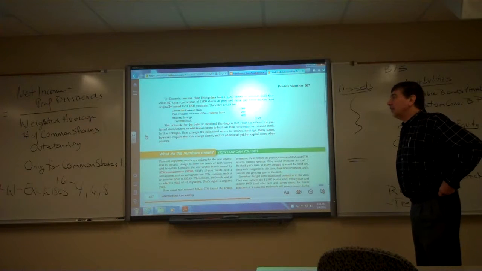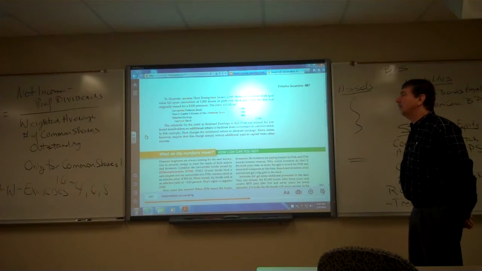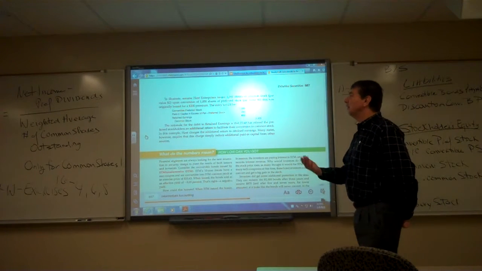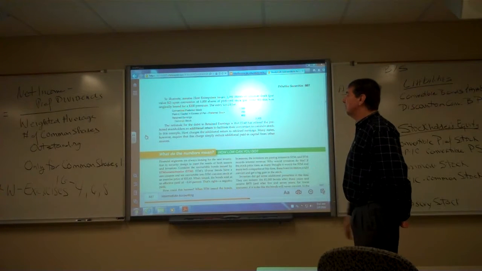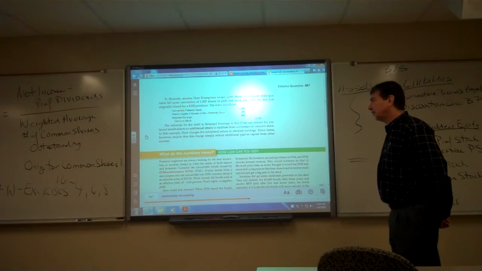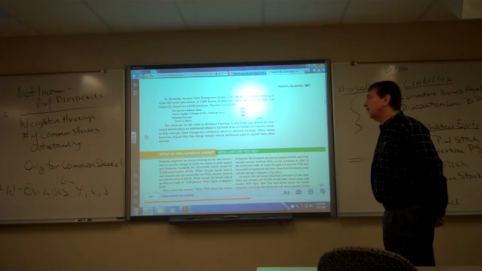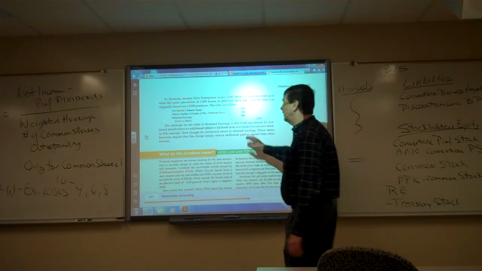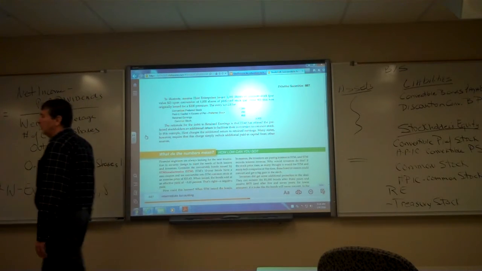The rationale for the debit to retained earnings is that Host has offered the preferred stockholders an additional return to facilitate their conversion to common stock. Many states require that the charge simply reduce additional paid-in capital, but don't worry about that. It comes out of retained earnings.